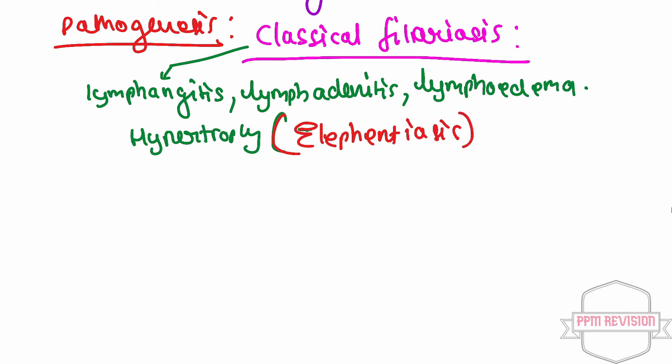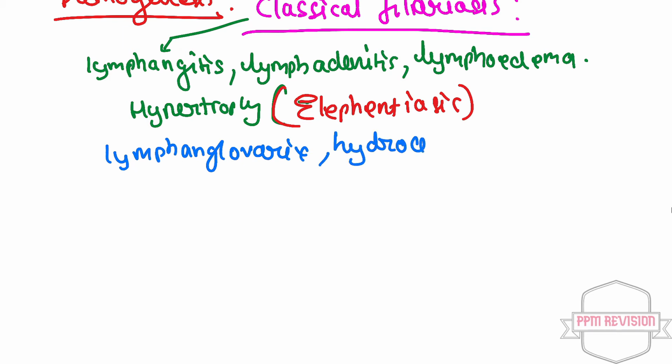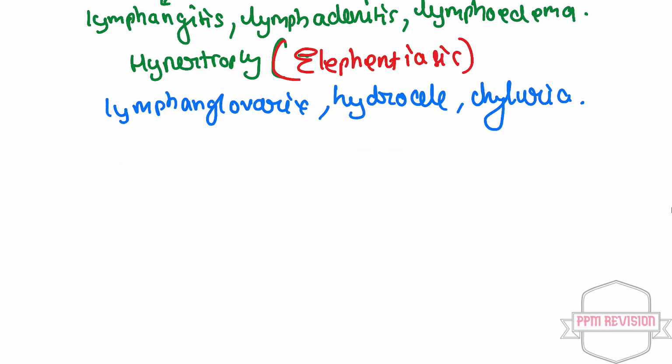Now moving on, it also leads to lymphovarix, hydrocele, as well as chyluria. So the typical manifestations of filariasis are caused by adult worms blocking the lymph node.